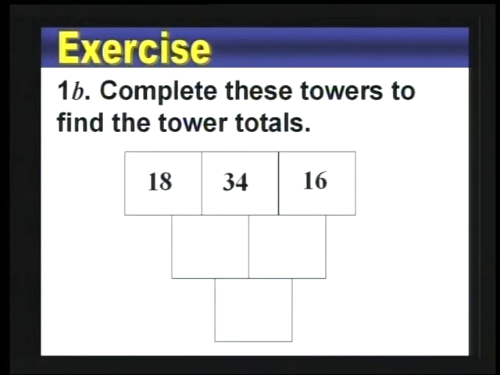Okay, now for your exercise, 7Es and receiving students, just a simple exercise. You can draw this in your exercise books, or you can write in your workbooks. Exercise 1B, complete these towers to find the tower totals. That's 1B, receiving students. You can use your workbooks, or you can use your exercise books to draw these tower totals. That's for 1B. I'd like you to copy this one down quickly so we can go to the next exercise.